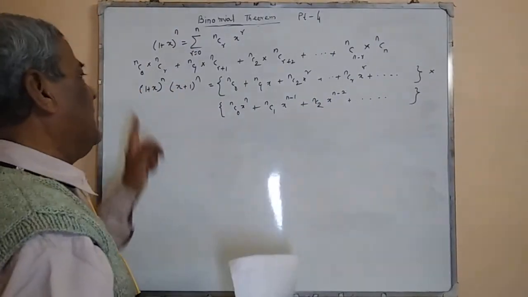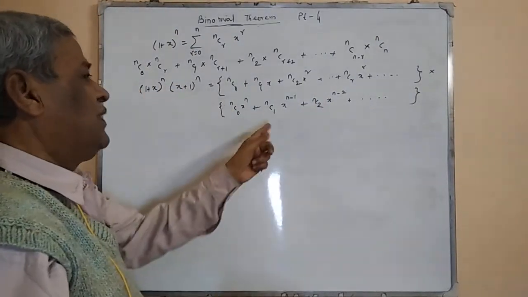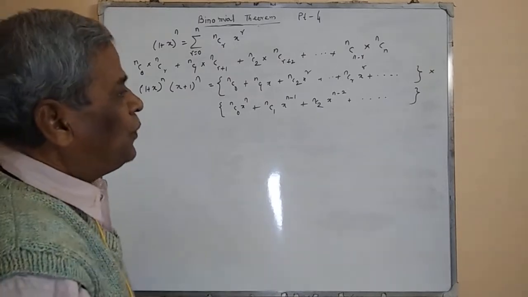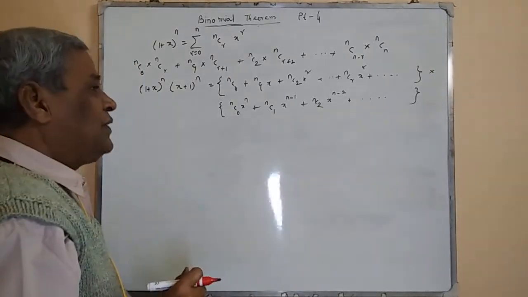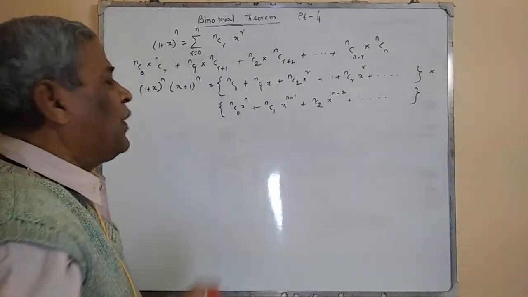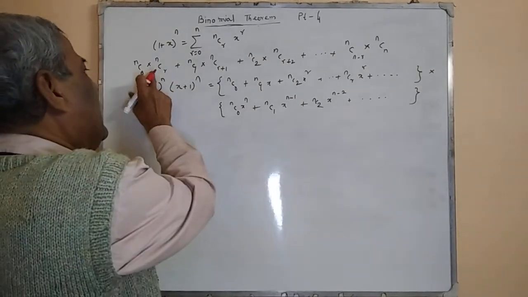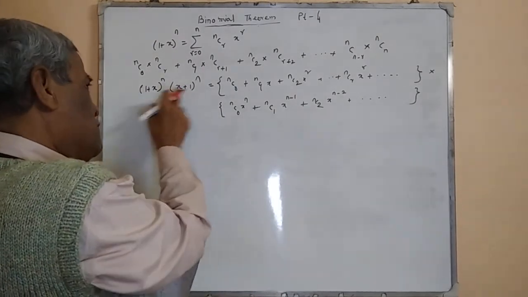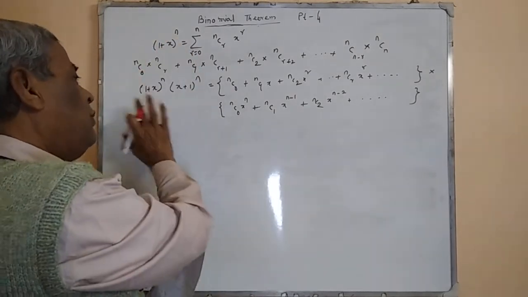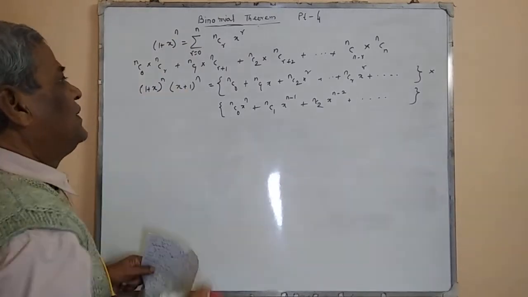So I simply write the expansion of this and the expansion of that. Now from both sides equate the coefficient of a particular power of x, so that we get that expansion, and from this we get the coefficient of x. The answer will be obtained from that side.